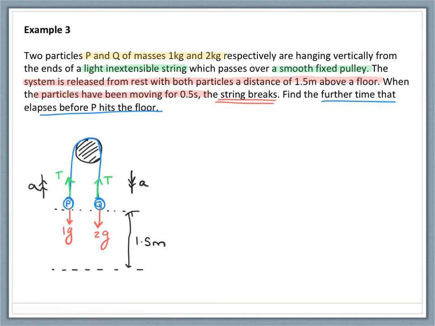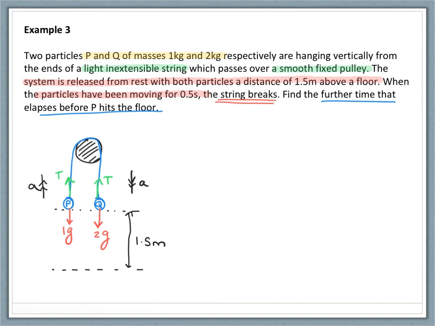The tension is constant throughout the string. Now, they move like this for 0.5 seconds, Q moving downwards and P moving upwards. At that time, 0.5 seconds, the string breaks. That means they're no longer attached to each other, and ultimately both particles will hit the ground. And we have got to find the further time that elapses before P hits the floor.